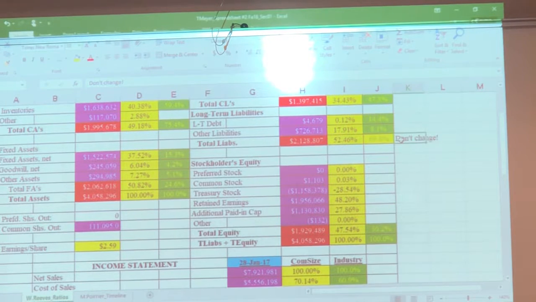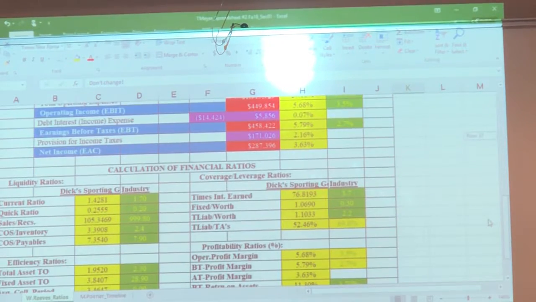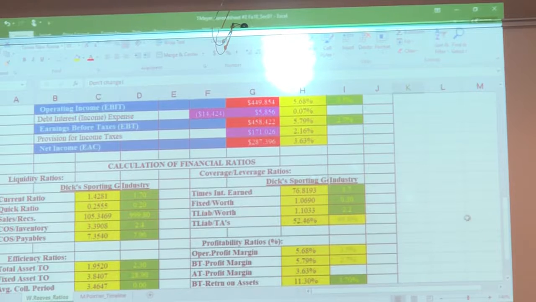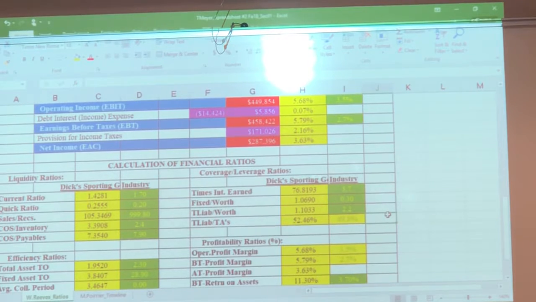And then we're going to go up to where we typed don't change in K12. And we're going to copy that into J44. And if you do Control V instead of Enter, it'll stay highlighted.